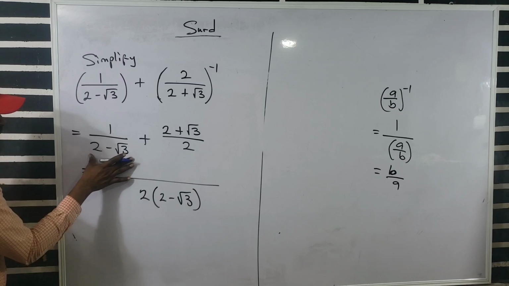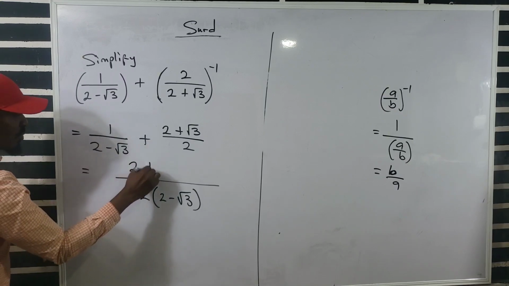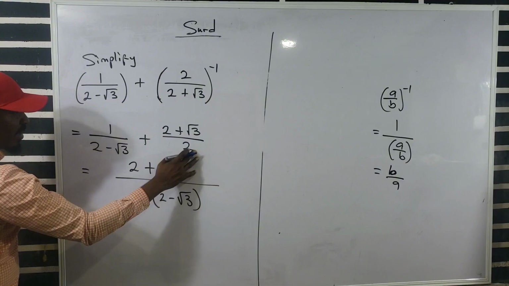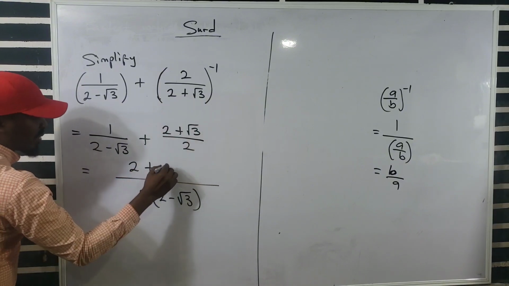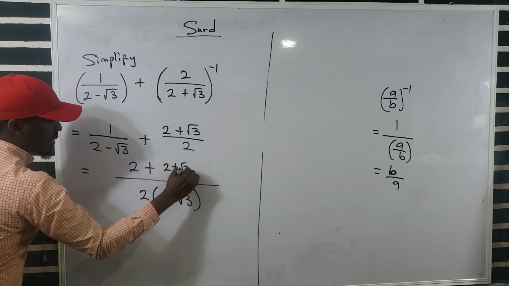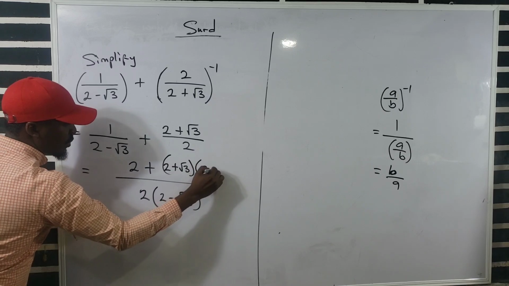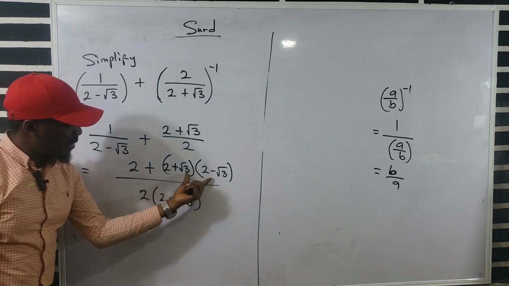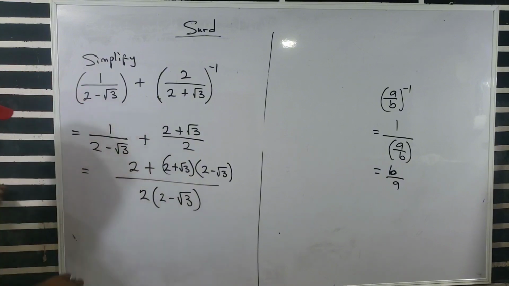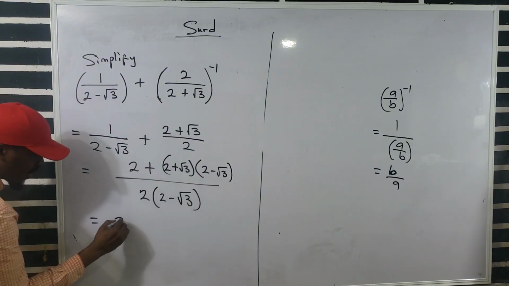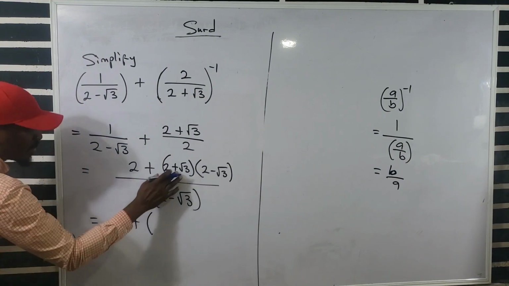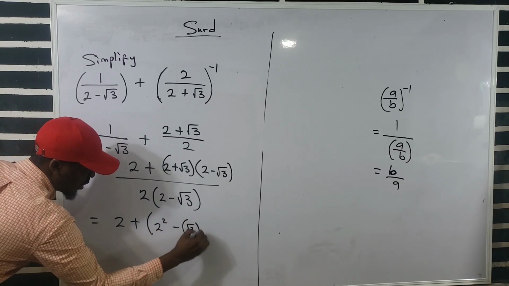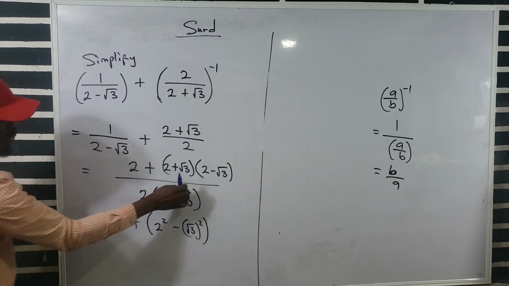So this divided by this, we have 2. 2 times 1 will give us 2, plus this divided by this, that will give us 2 minus √3. 2 minus √3 times this will give us 2 plus √3 into 2 minus √3. Okay. So if you look at these two here, you can see your difference of two squares there. So we are going to take care of that. So we have 2 plus into 2 square minus √3 all square.